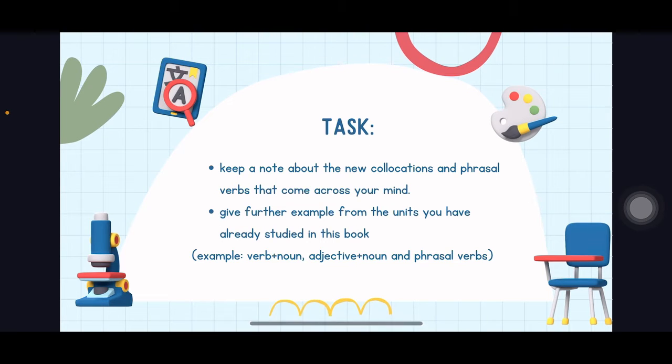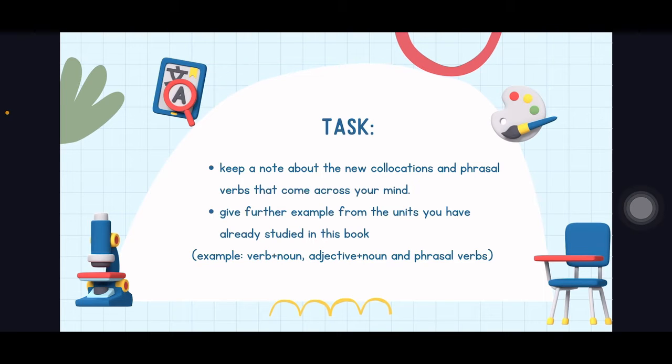So what you need to do is keep a note about the new collocations and phrasal verbs that come across your mind. Meaning that you need to write the new collocations or phrasal verbs that come across your mind.